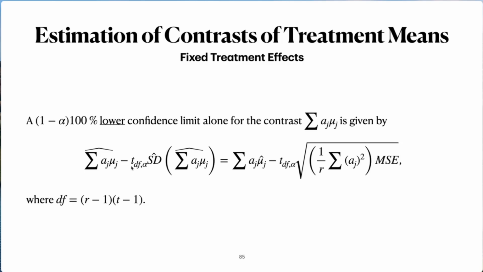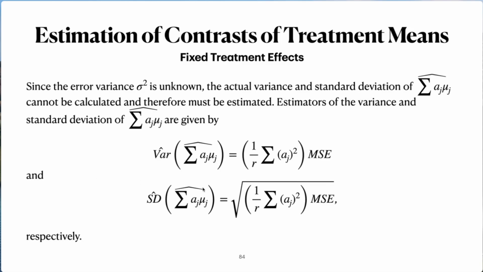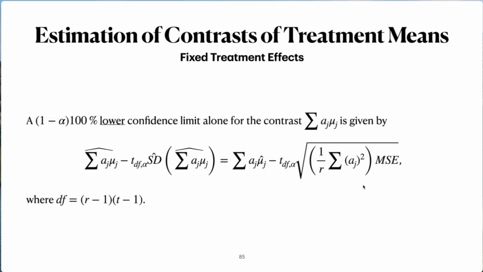The interval coefficient is the upper alpha percentage point of the t distribution with r minus 1 times t minus 1 degrees of freedom. Plugging in the estimated standard deviation, which is given by the expression on the previous slide, we have the formula as expressed here for the lower confidence limit.